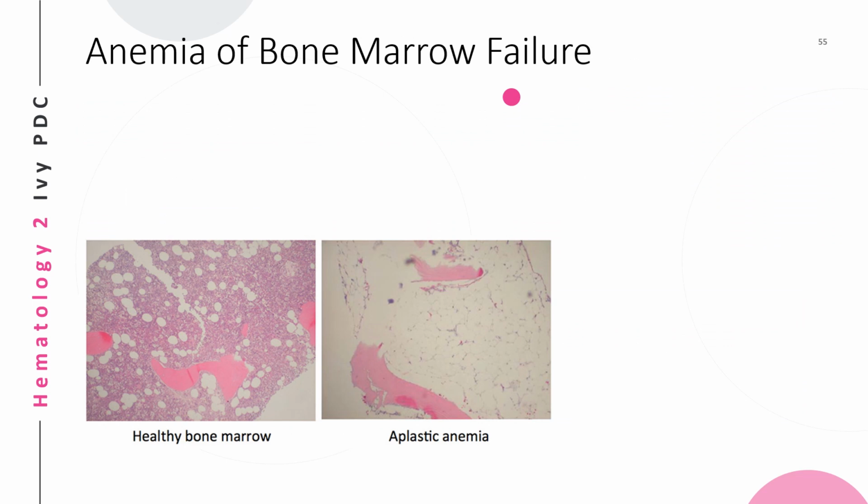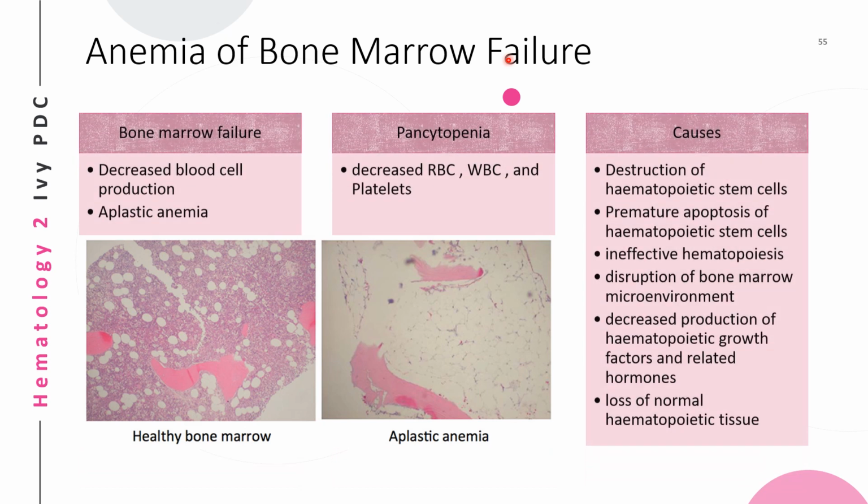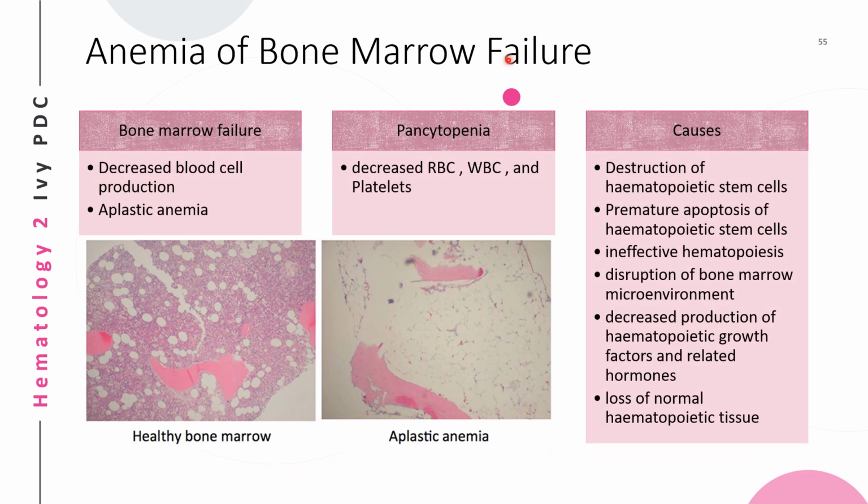The next category is anemia due to bone marrow failure. Bone marrow failure is the reduction or the cessation of blood cell production, which affects one or more of the cell lines. An example of a disorder under this category is aplastic anemia. In aplastic anemia, there is a bone marrow failure resulting in damaged or defective stem cells.